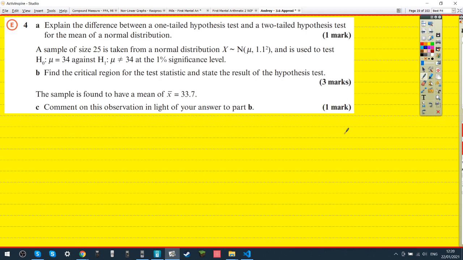Okay, let's give this one a go. Let's just go straight to part B. This one here.